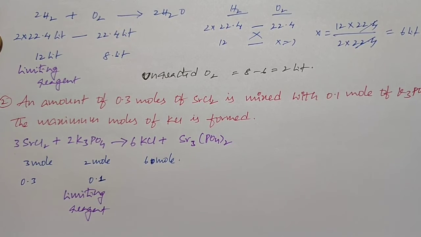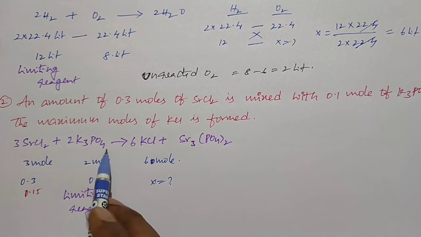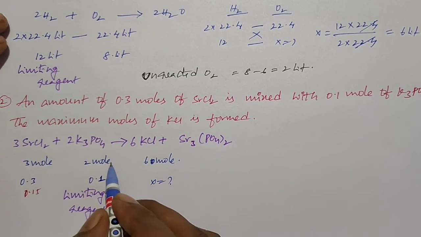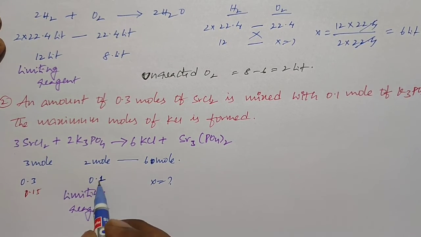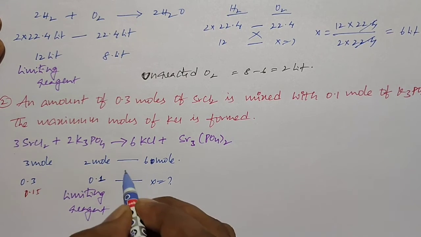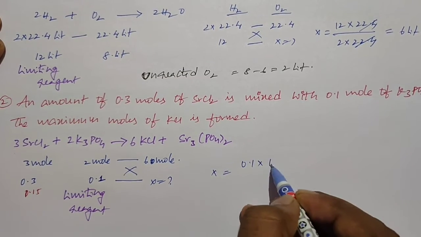For 0.1 mole of potassium phosphate, we need 0.15 mole of strontium chloride, and for 2 moles of potassium phosphate, 6 moles of potassium chloride can be formed. So for 0.1 mole of potassium phosphate, how many moles of potassium chloride can be formed? Do the cross multiplication: x is equal to 0.1 into 6 by 2.